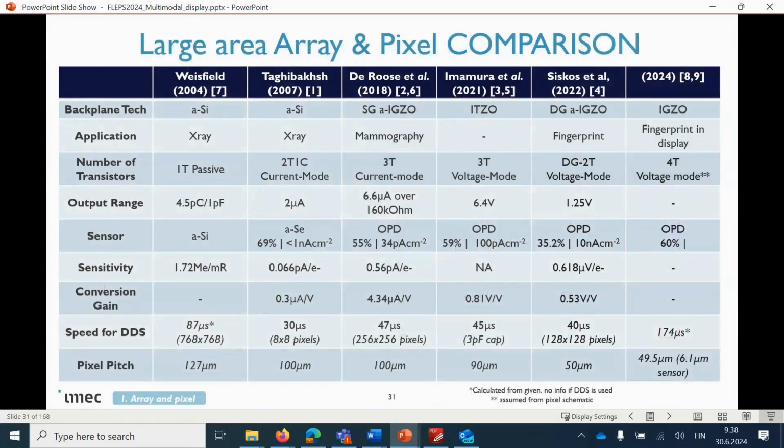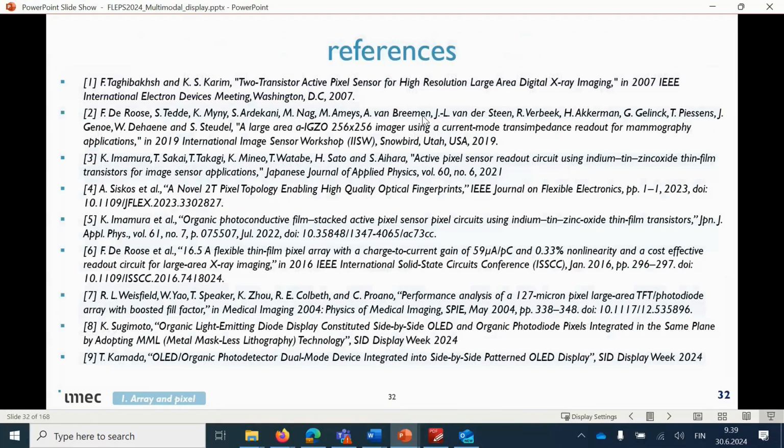Nevertheless, summing up all of this, I have put here a table where you can see the progress through time of the size. You can see the sensor that is used, the different architectures that have been proposed, and what the application is. And I have also included a reference list here for all of this for your convenience.